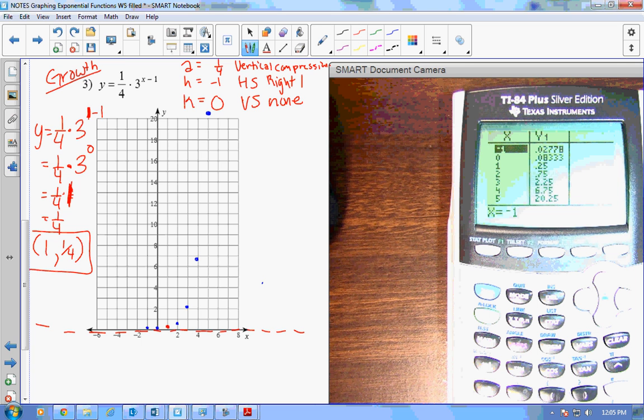It's just right above the axis. Now when you graph the curve through it, make sure it doesn't touch or cross that asymptote.